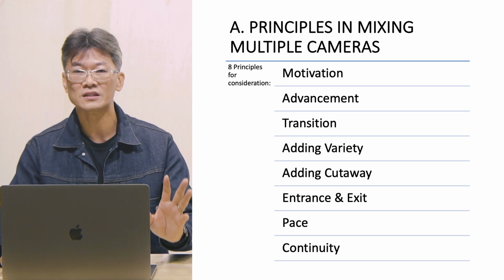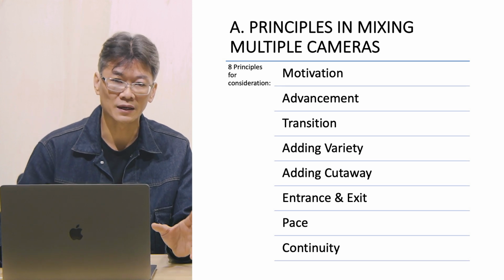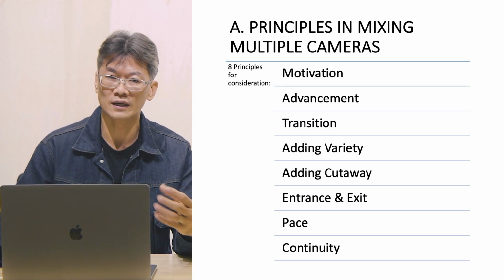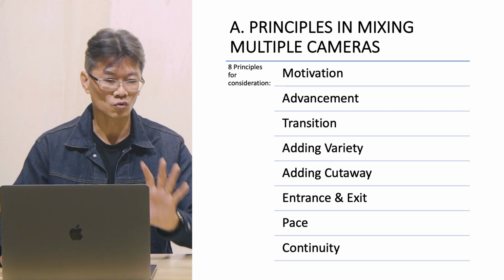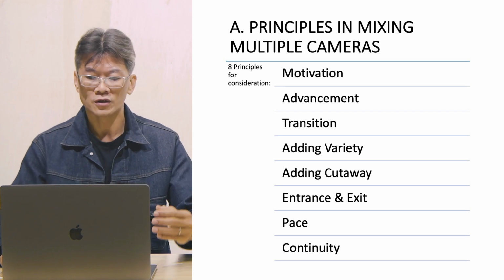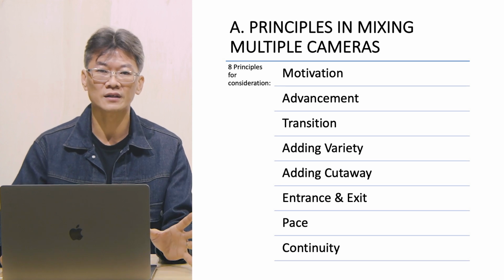And last but not least, continuity. Let me go into the details of what all these principles mean, so that as you watch other productions, you will find that all these principles are being used creatively.